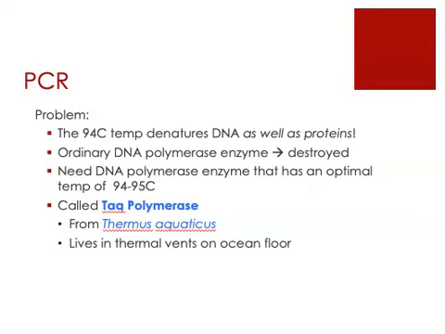Thermus aquaticus lives in thermal vents on the floor of the deepest parts of the ocean. Thermus aquaticus lives at that high temperature, and so all of its enzymes are adapted to function optimally at that high temperature. You probably could guess that Thermus aquaticus is an archaea.